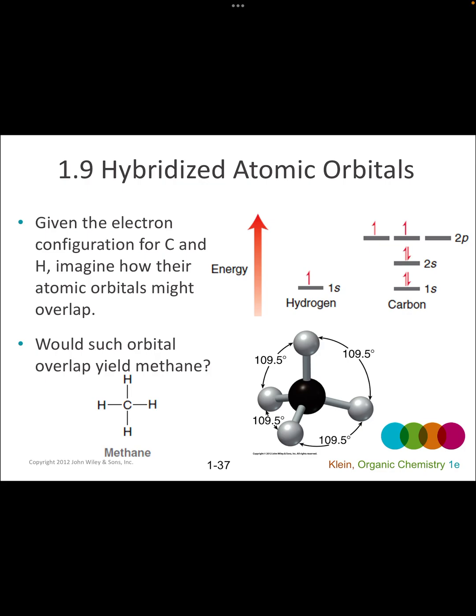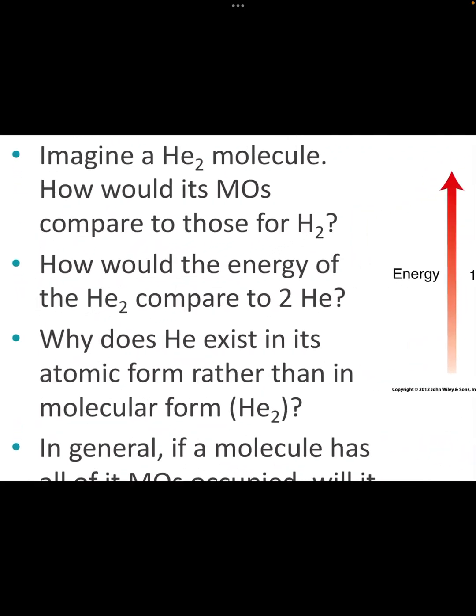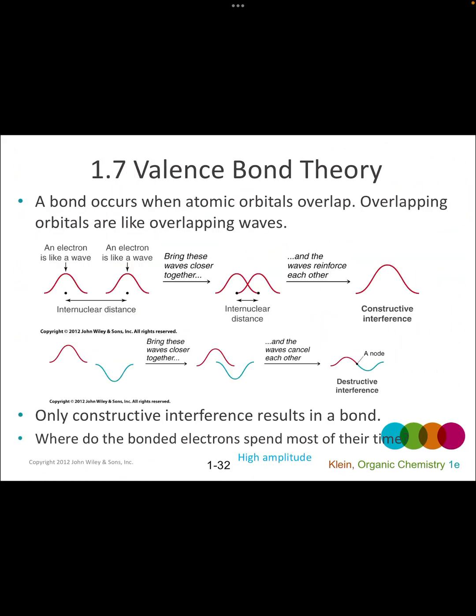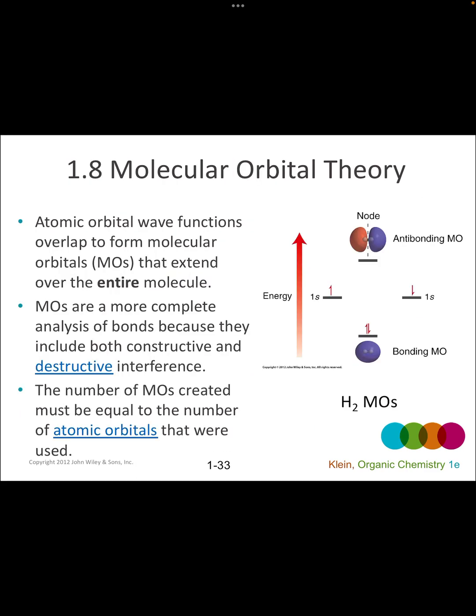Because look at the carbon electron configuration and the hydrogen electron configuration. Bonding happens according to valence bond theory. Remember, valence bond theory says you form a bond because two electrons of the same phase come together to have a constructive interference situation, and that leads to a bond.